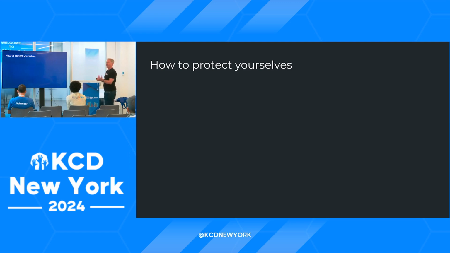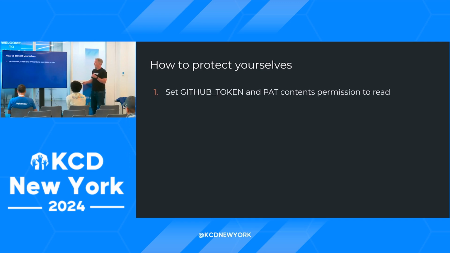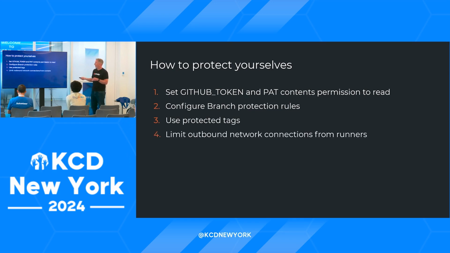But you get the idea is that all those different methods we had, that GitHub token that's highly vulnerable, the fact that the permissions were not manually set to read for older repos, they had branch protection rules that were not set correctly, they did not use protected tags, they did not limit outbound network connections, because in order for this to work, we had to reach out and grab our program that would then run the commit using the token and change the text.